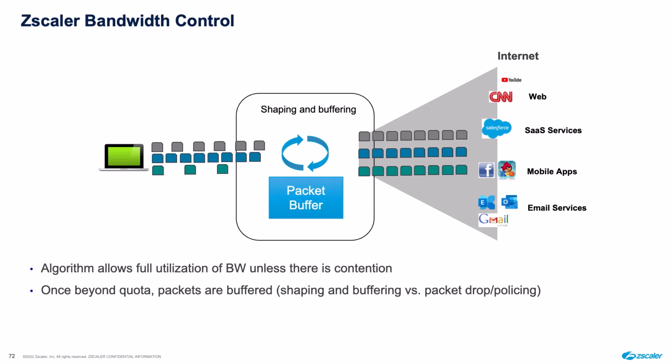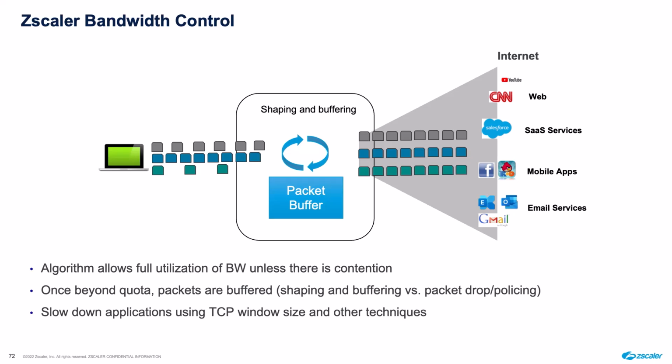Zscaler does man in the middle for these connections. So when the TCP is terminated and handled by the Zscaler enforcement node, we have the ability to play with different options of TCP, adjusting the TCP window sizing, buffering, and so on and so forth.